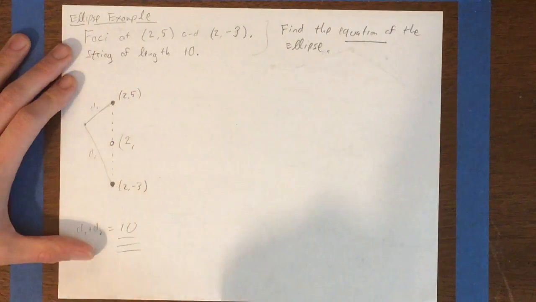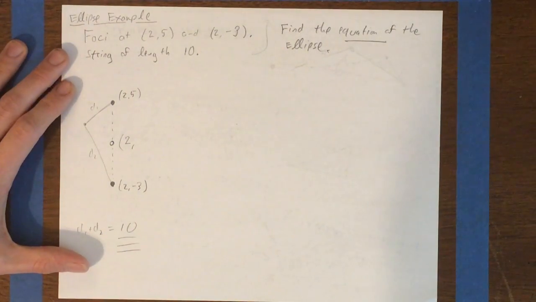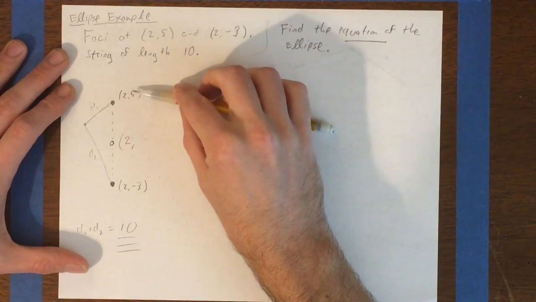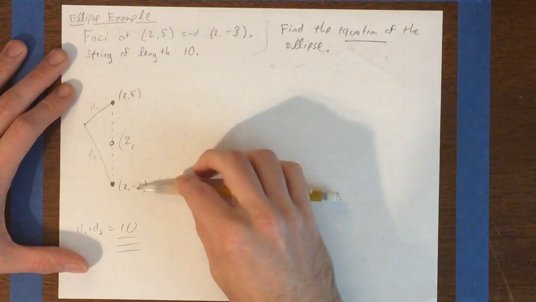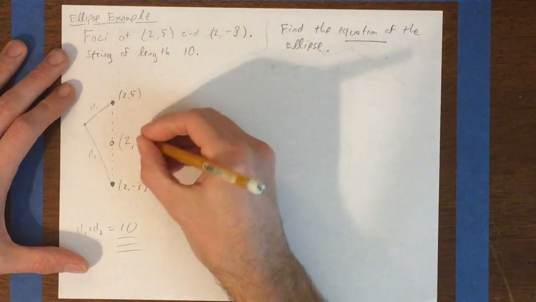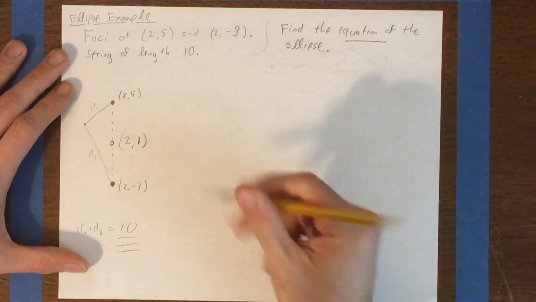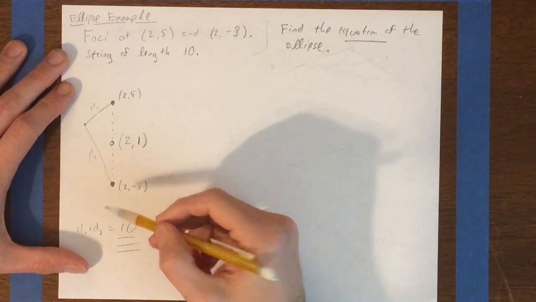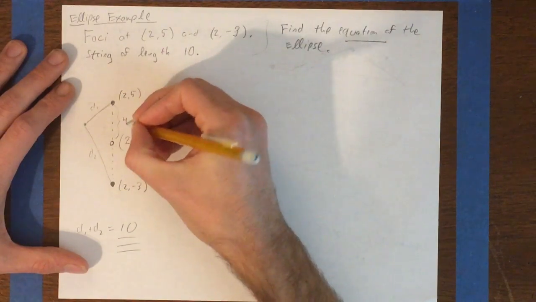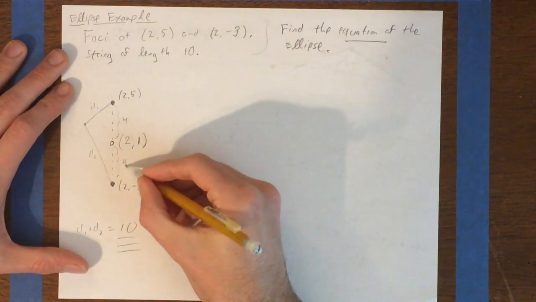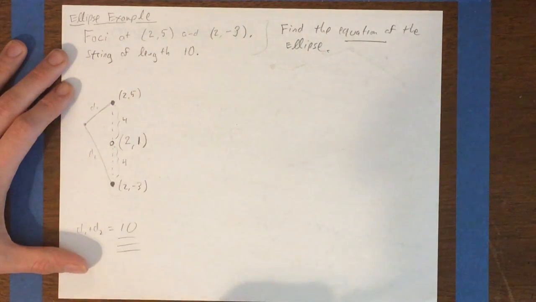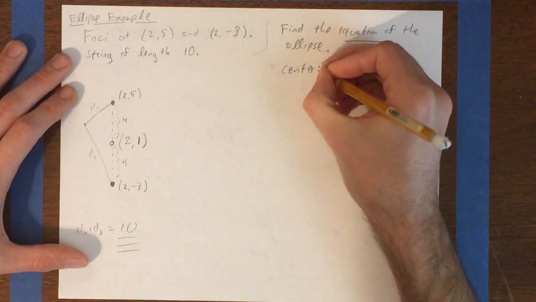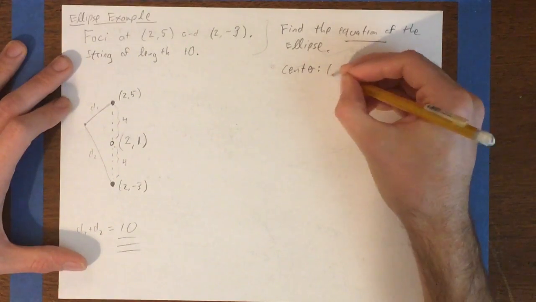It's going to be on the same vertical line, so 2 is going to be the x-coordinate, but the y-coordinate, halfway between 5 and -3, let's see, should be 1, right? (2, 1)? Is that right? Because 5 plus 3 is 8, so it's a distance of 8. Divided by 2 is 4, which means this distance here is 4. And so 1 is 4 units from 5 and 4 units from -3. So there we go. So far we have the center location is going to be (2, 1).